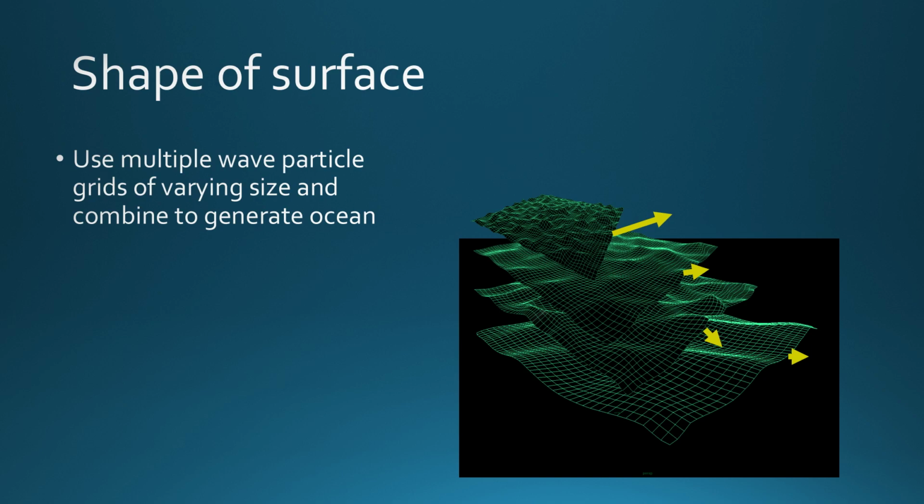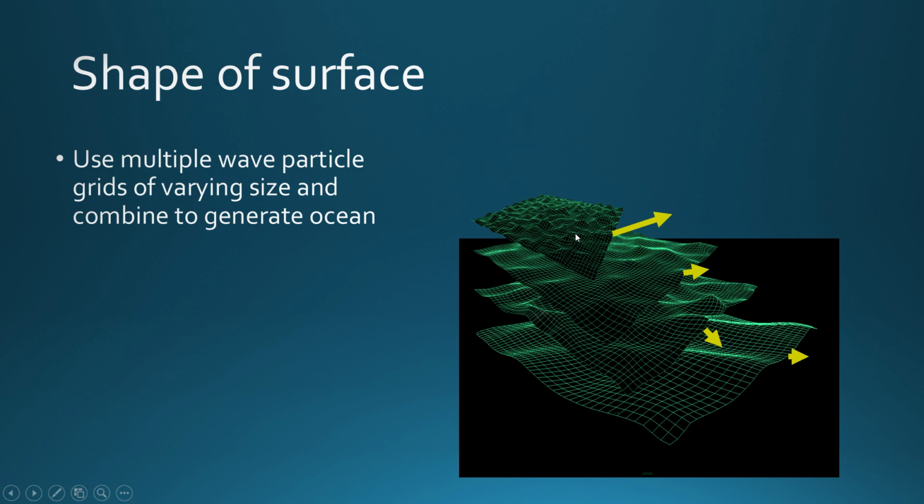So I found a cool technique. You use grids of varying size and add them together to generate the look of the ocean. With the bigger one, you can model huge swelling waves, and then you keep going smaller into the finer details.